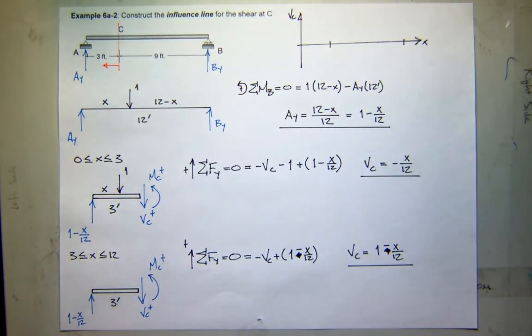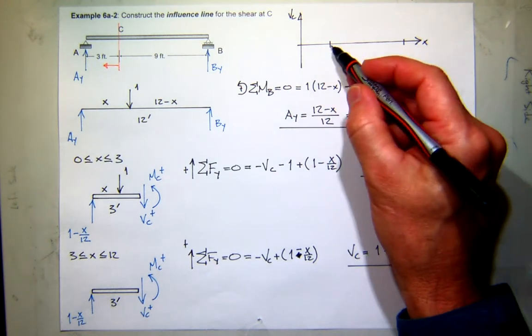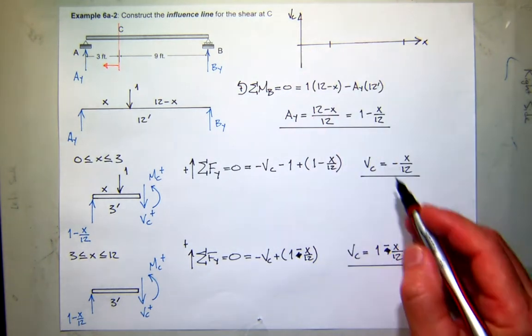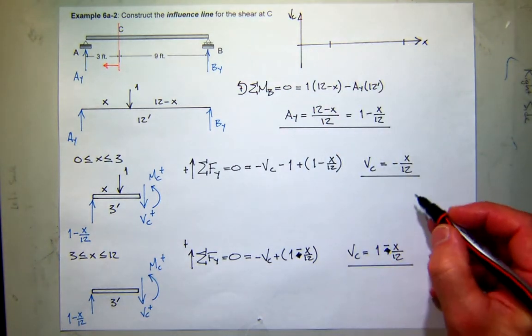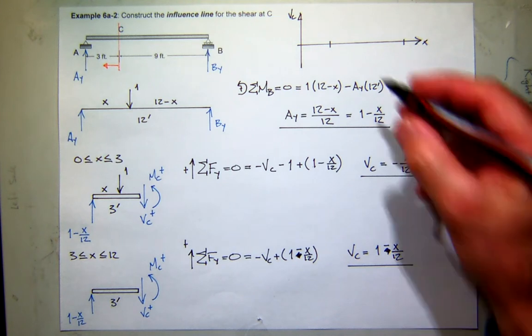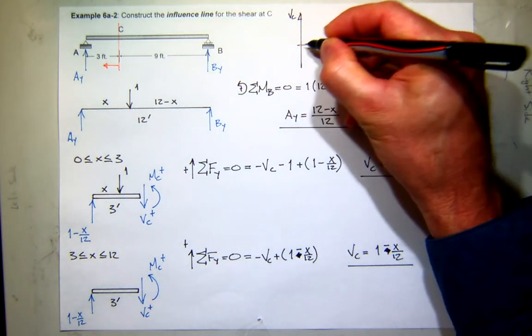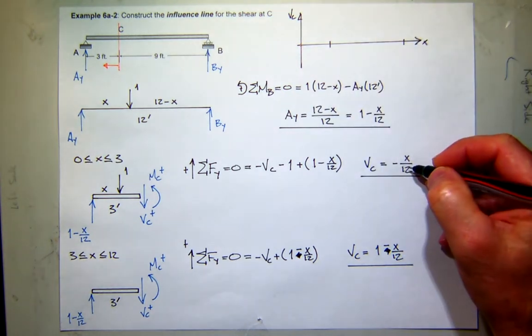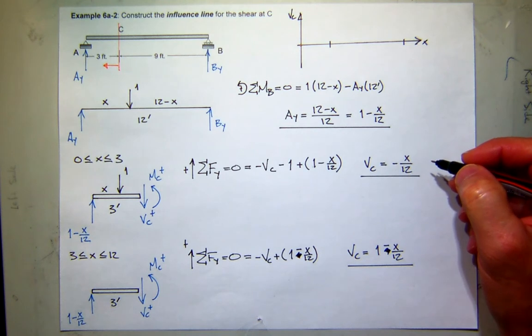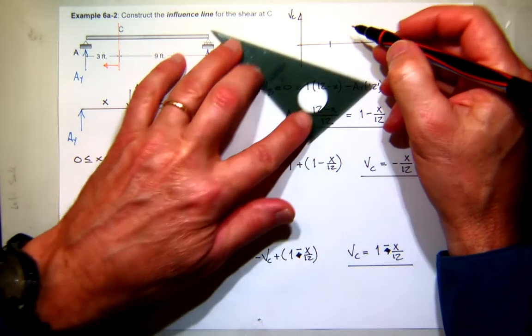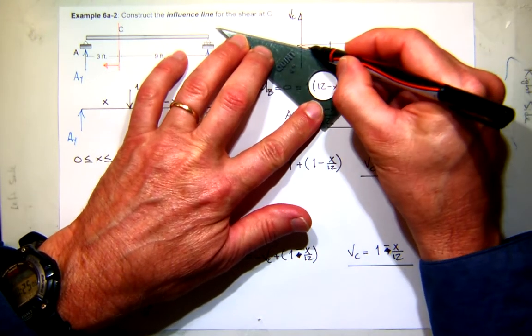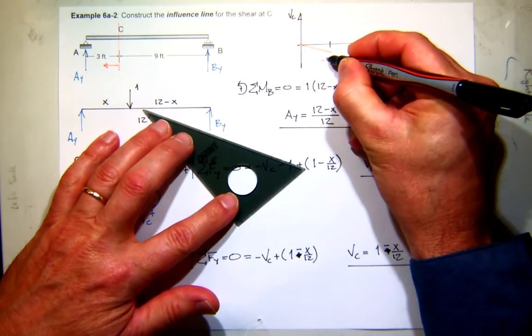So this will be the value from 0 to 3, and then from 3 to 12. From 0 to 3, I'm plotting this curve. When I plot this curve, at x equals 0, I get 0. At x equals 3, what do I get? Minus 3/12, which is 1/4. So this is minus 1/4.